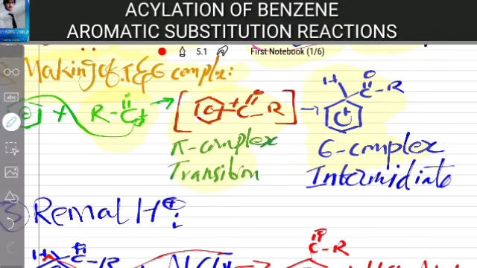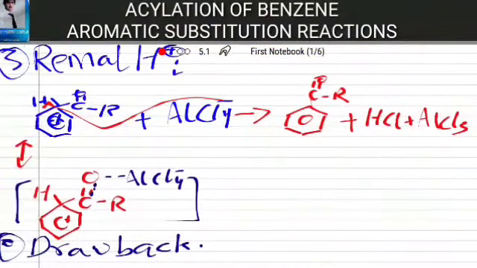Then the third step begins, which is removal of H positive. This reaction will occur between this sigma complex and the base AlCl4. Sometimes a transition state like this can occur, but mostly this Cl minus attacks on H, and we can get our product in this way.